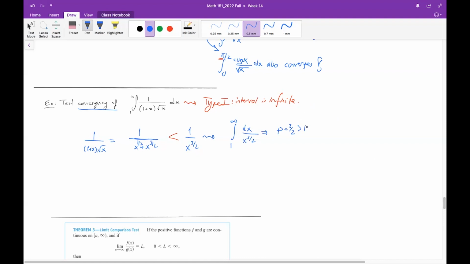As it is bigger than 1, this improper integral converges. That's why, by using the direct comparison test, since the integral with the bigger terms is convergent, automatically the integral with the smaller terms will also converge by direct comparison test, right? It also converges by direct comparison test. So I stop here for this lecture video.